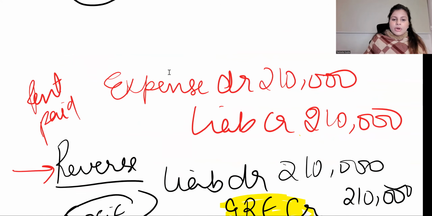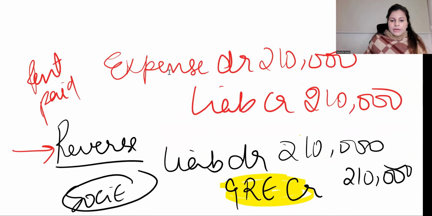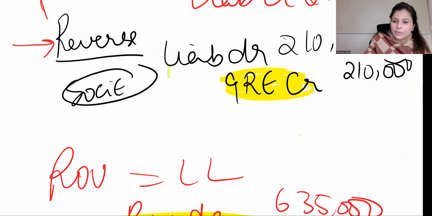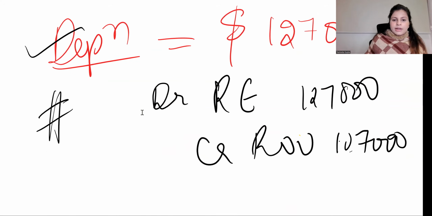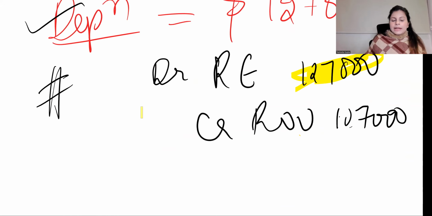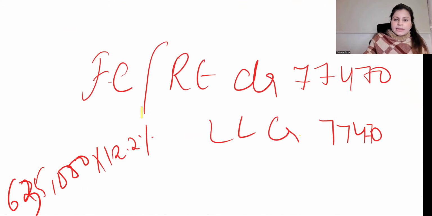First, you increased your GRE by 2,10,000. Then you decreased your GRE by 1,27,000. Then deduct 77,470 from it. So what's my total impact?